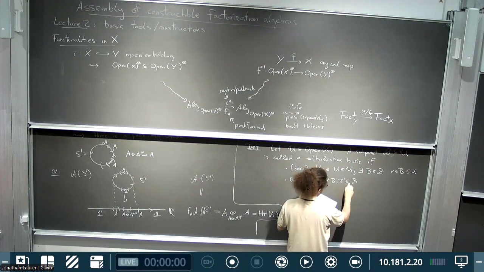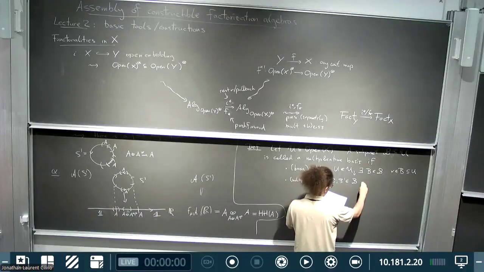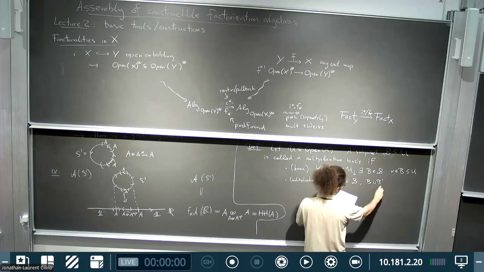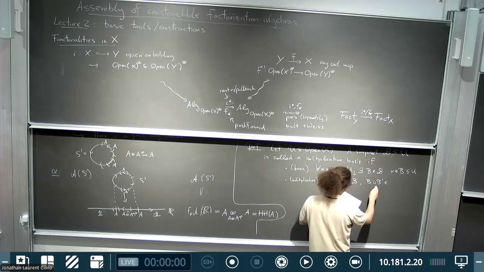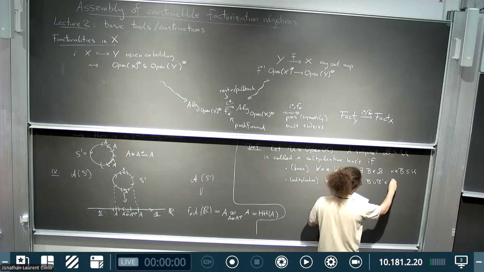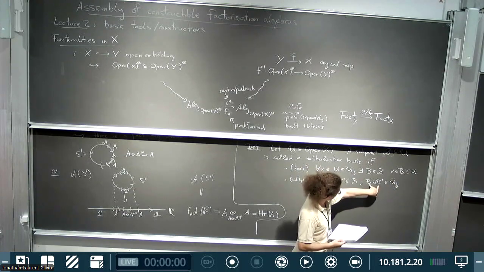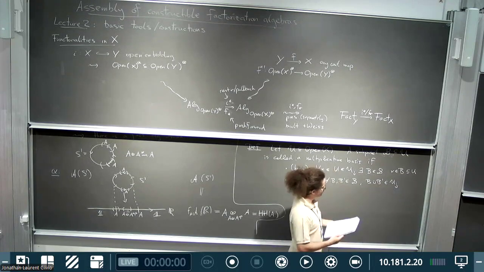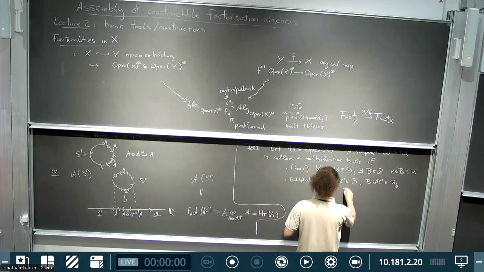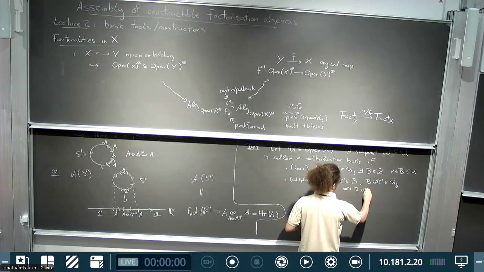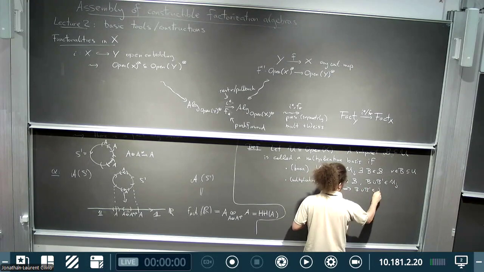So let's say you have two opens in your basis such that they are disjoint. That's what this symbol means. And after a union, it's still contained in the down arrow U. So both of these together are still contained in some U that lives here. Then also we require that this disjoint union lives in B.